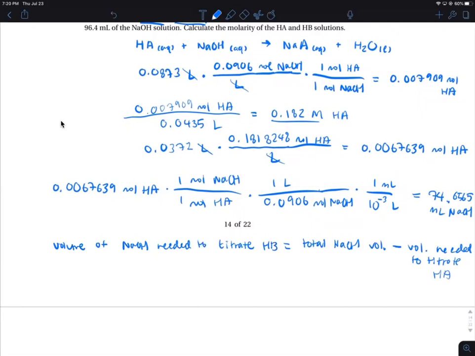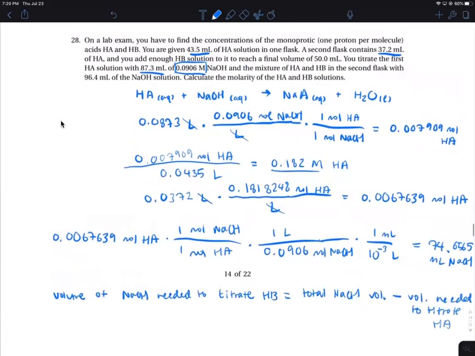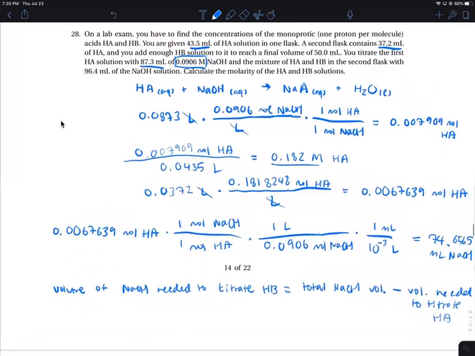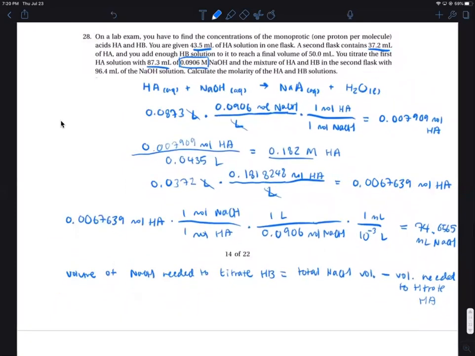And we've already found these values. So if we substitute what's given, that's going to be 96.4 milliliters minus what we just found, 74.6565 milliliters, which gives us around 21.7435 milliliters of NaOH.